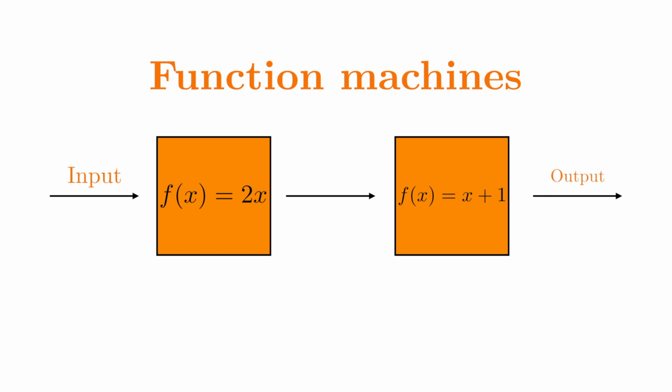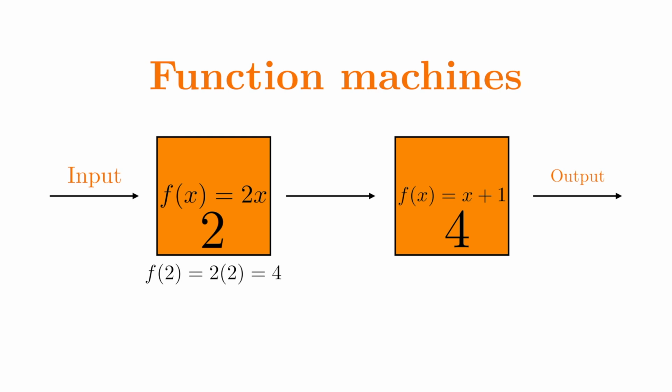Okay, let's go through an example here to see how this plays out. Let's say we have 2. We input 2 into the function machine, and that's basically plugging in. We plugged in 2, so f of 2 is equal to 4. Now we take this output of 4 and input it into the next function in the series, or next function machine.